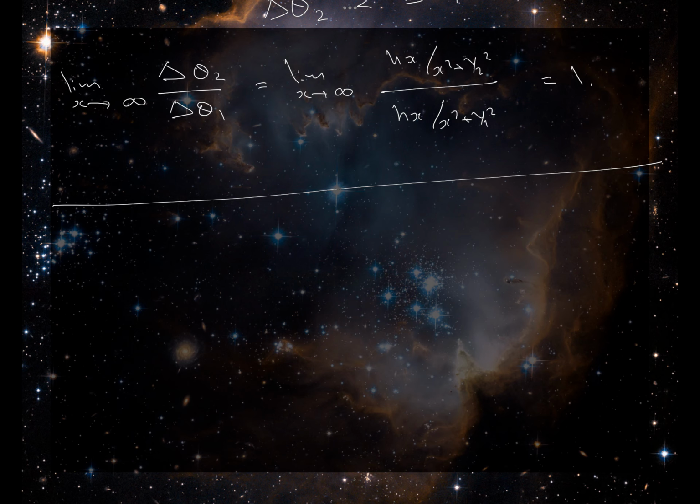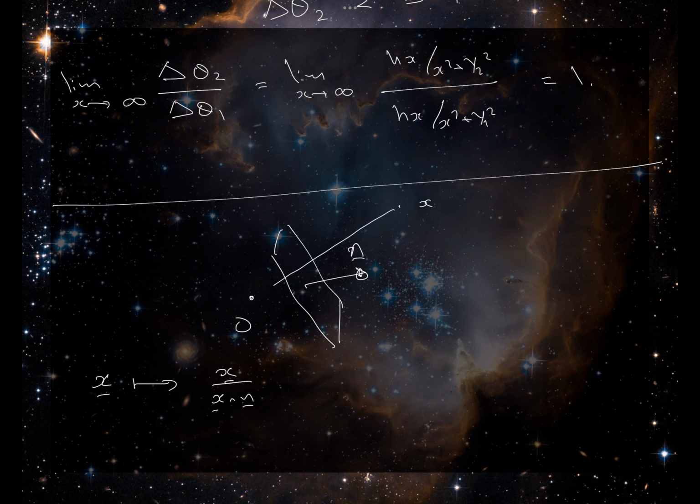Let an observer be located at the origin. I'm going to take a plane with a unit normal n. Then the perspective equation is x goes to x over x dot n. All it's doing is saying a point, say x here, you rescale it by a scalar.